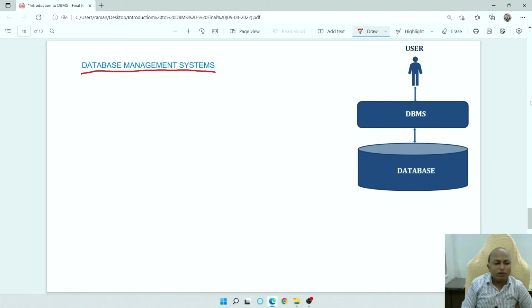It is responsible for controlling the database activities. In this diagram, you can see the user is on top and the database at the bottom level. But in between, the database management system exists. Whatever request the user makes will be controlled by the database management system.